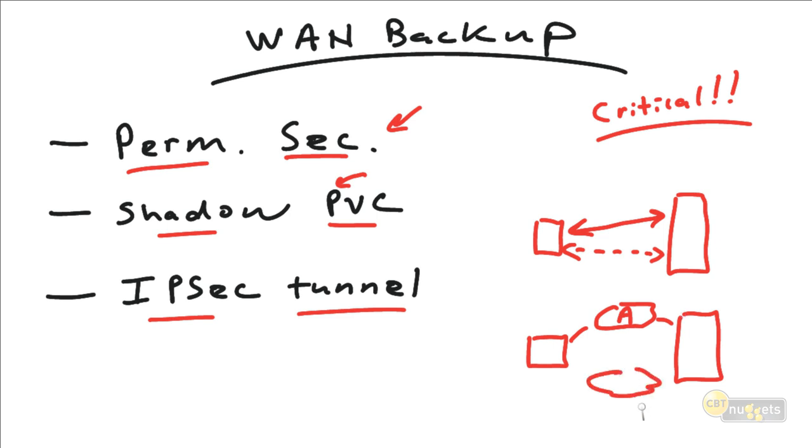Then we might have ISP-B down here, a very low-cost internet connection, and bang, if we need to, we'll bring up a VPN tunnel across that alternate path. So, WAN backup, definitely something to think about if the organization needs it, and I'm sure you're not surprised we're going to have choices within that choice if we should implement it.